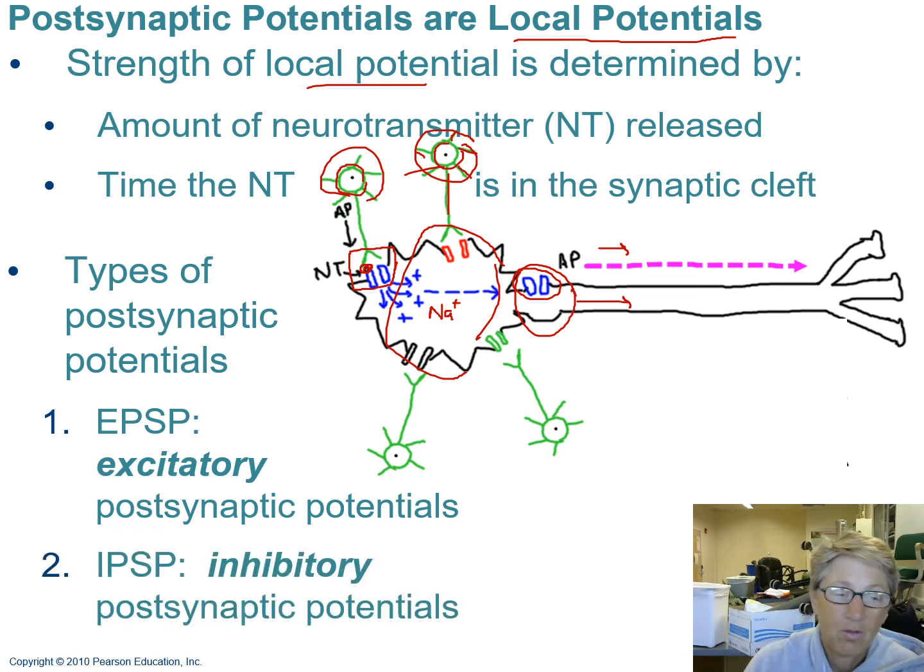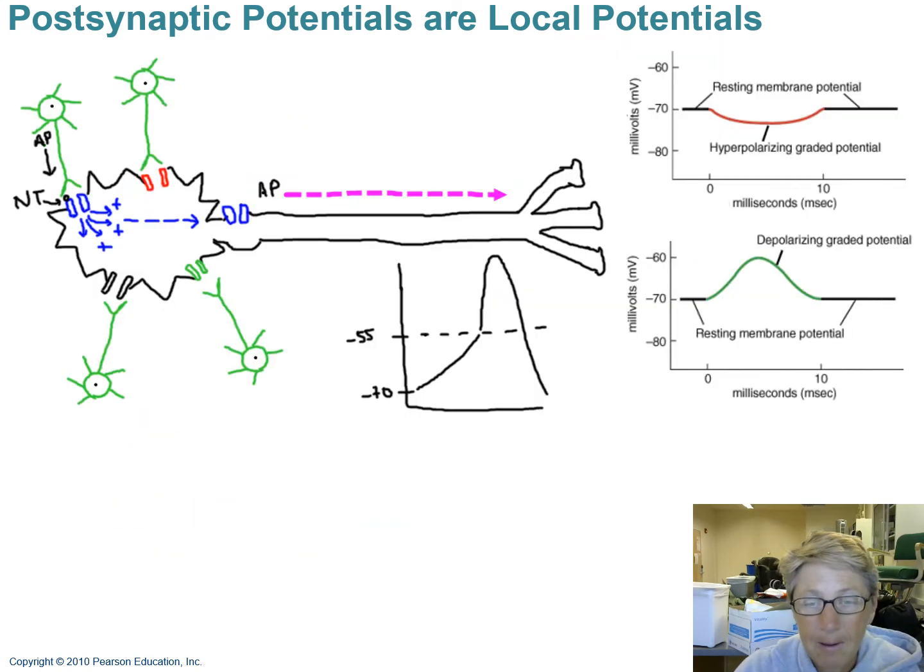And then if there's an excitatory, then there's going to be an inhibitory postsynaptic potential, and that's where you get more negative. So if you started at -70 millivolts, the resting membrane potential of our postsynaptic neuron, -70 millivolts, and you have an inhibitory postsynaptic potential, that means it's going to get even more negative. So it might go from -70 resting membrane potential to -80.